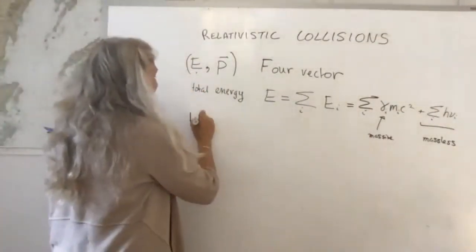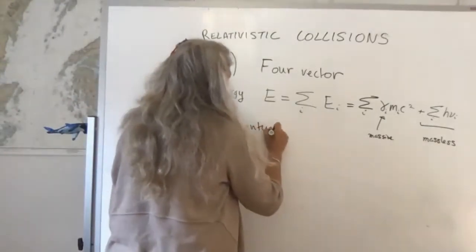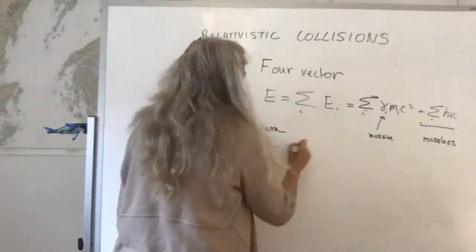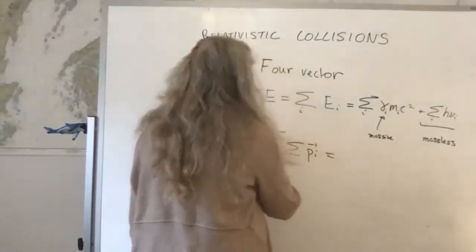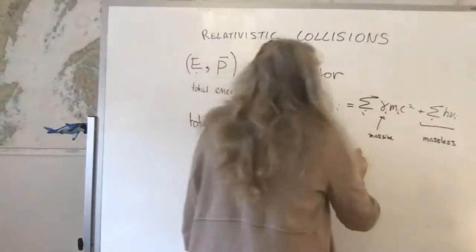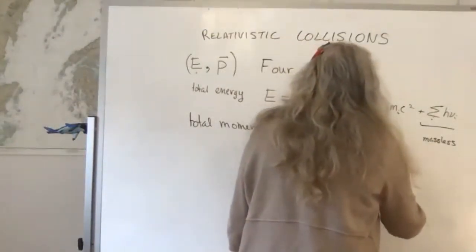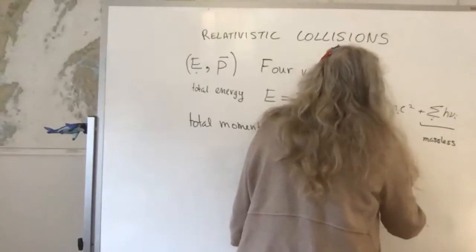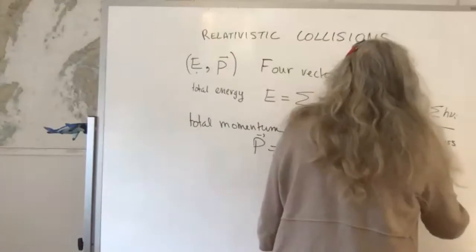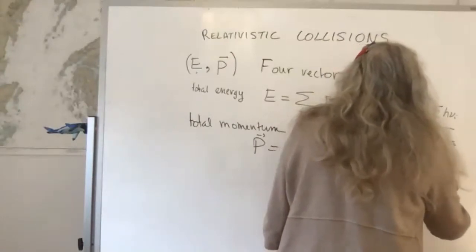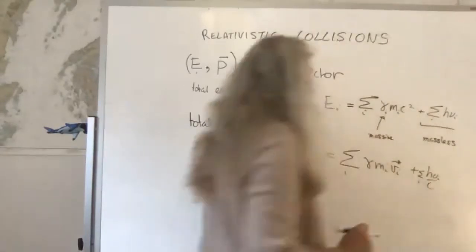So the total momentum is the sum over the momenta of the individual particles, and these are all vectors. For massive particles these are gamma m_i v_i. And you can also add in h nu over c for each of the photons, for example.